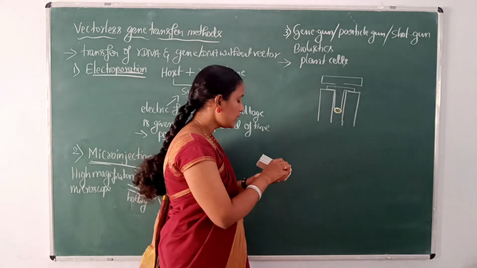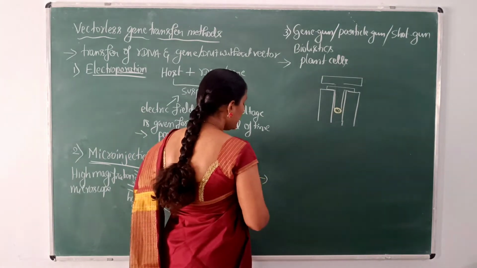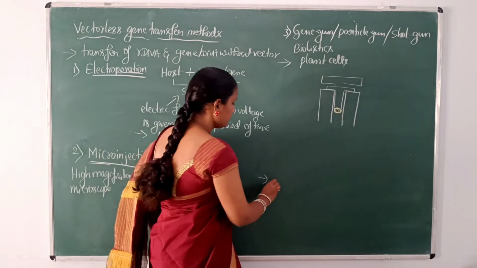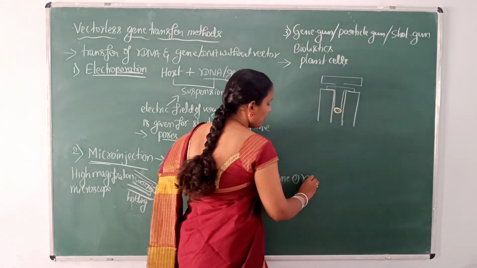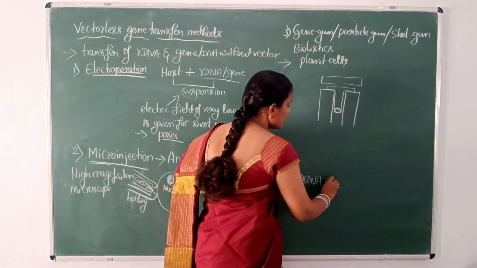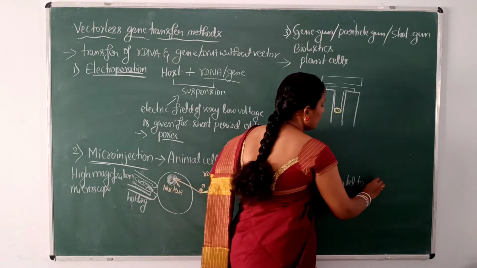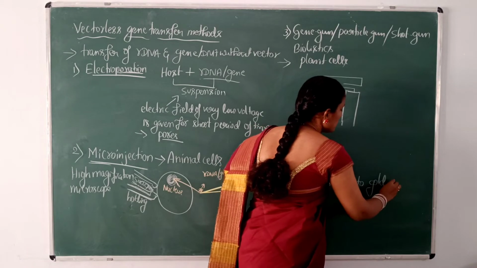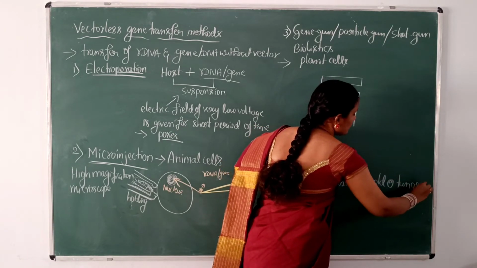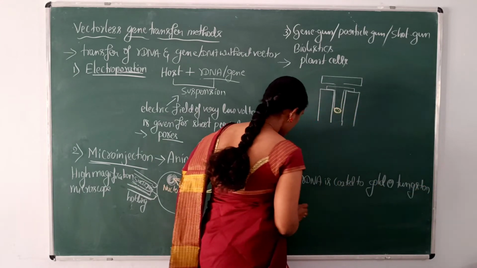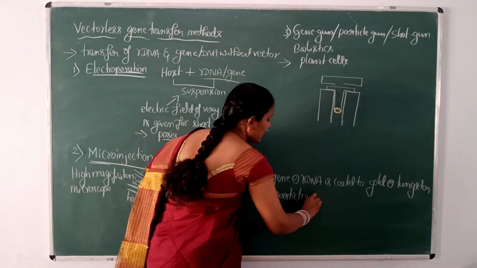Here the gene of our interest or the recombinant DNA will be coated to gold or tungsten particles of minute size.